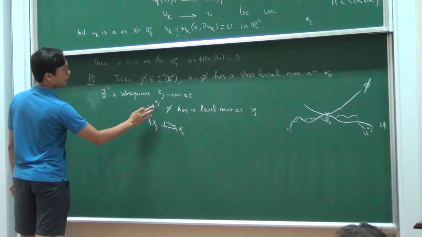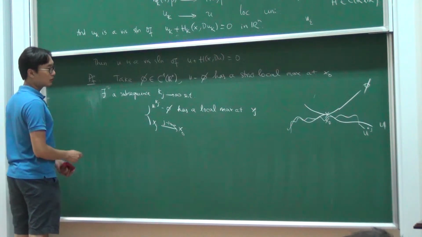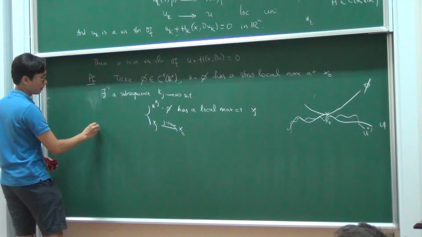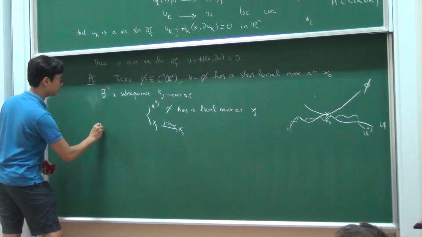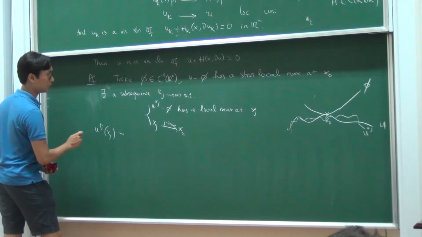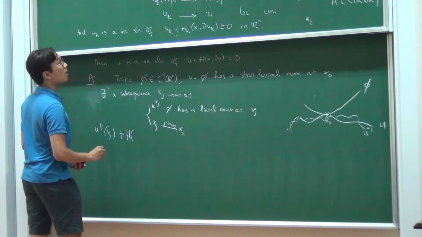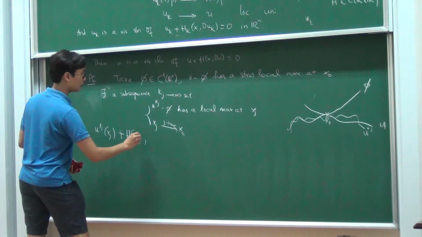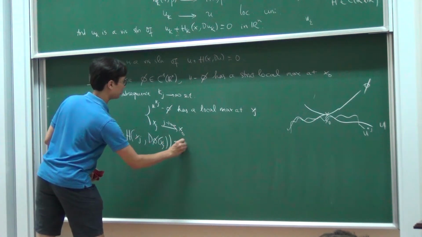So with this, u_{k_j} is a viscosity solution, hence it's a viscosity subsolution. Phi is a test function, so I have u_{k_j}(x_j) plus H_{k_j}(x_j, D phi(x_j)) less than or equal to 0.